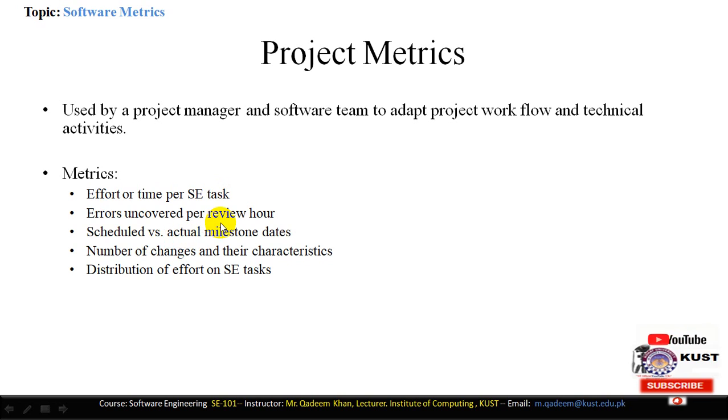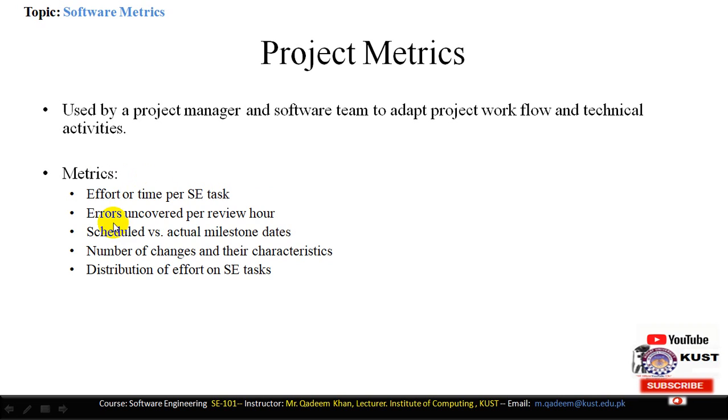Errors uncovered per review hour. As you know, in the agile methods, one reviewer performs the review of the code while the other one performs the coding at the same time. So that means errors uncovered per review hour. Sometimes when a programmer completes coding, another person then reviews the code of that programmer, so errors may occur.